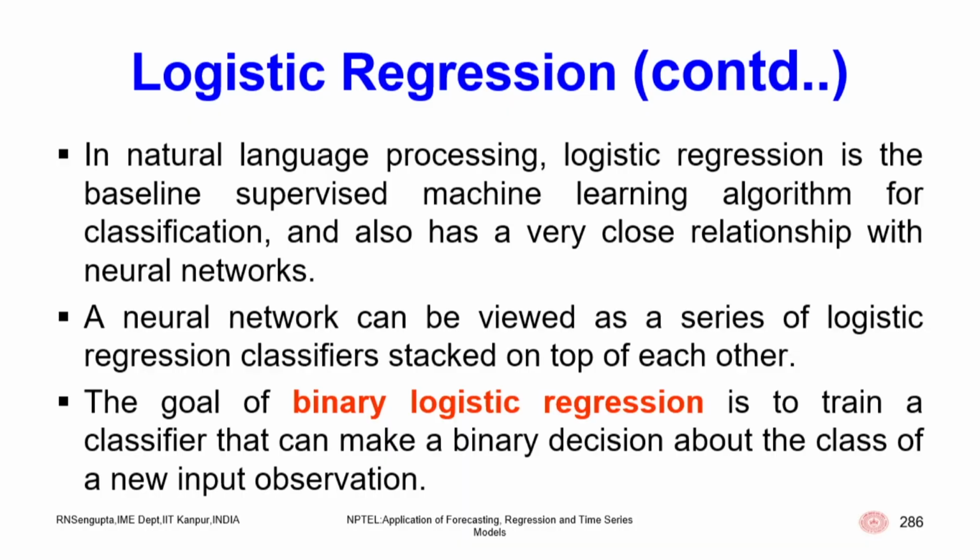A neural network can be viewed as a series of logistic regression classifiers stacked on top of each other, because in a neural network what we do? So, you have neurons, and based on connectivity and based on the transfer function, based on the input and output, a path is taken. So, if the first path is taken, which means the second path is not taken, or the third path is not taken, and you proceed accordingly.